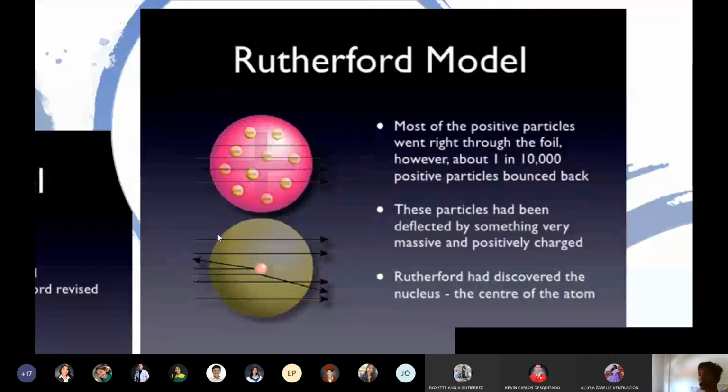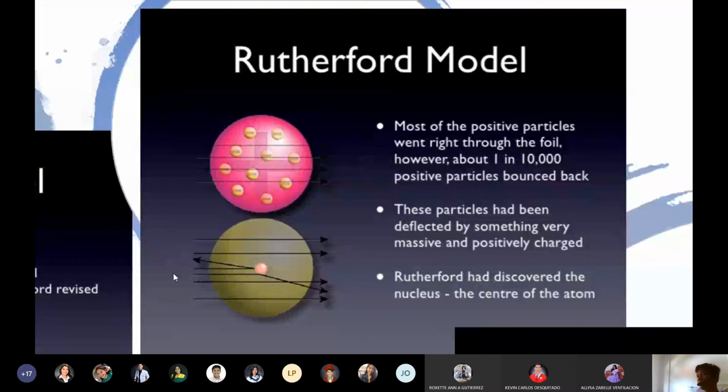But what happened is this: at the bottom, there is something positive in the center, concentrated, in which if an alpha particle hits it, it will cause deflections.